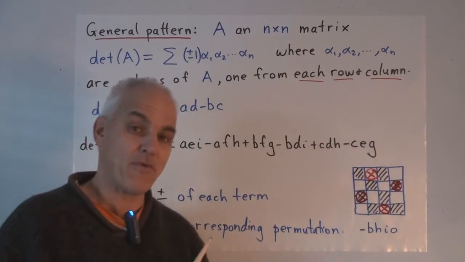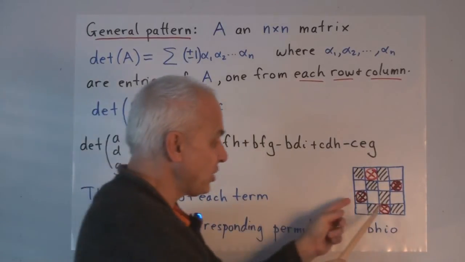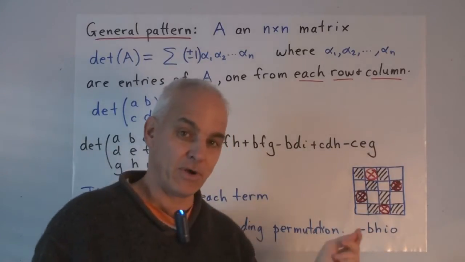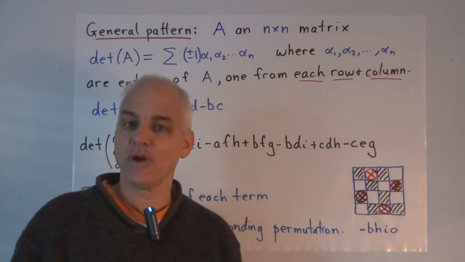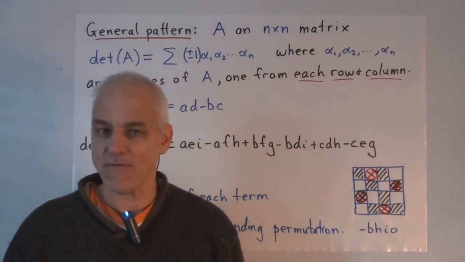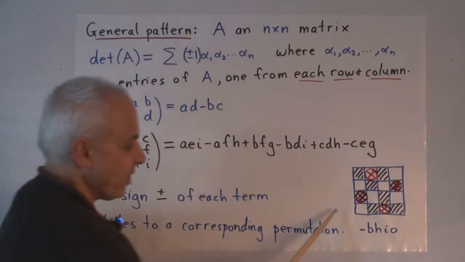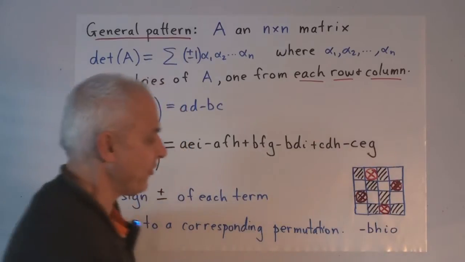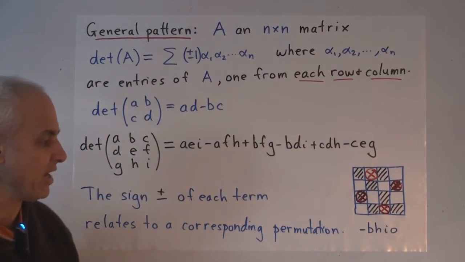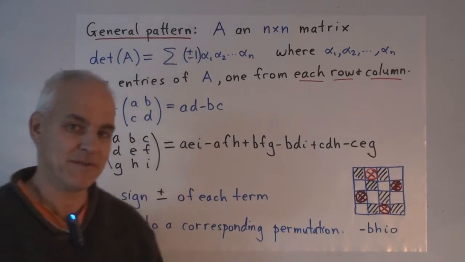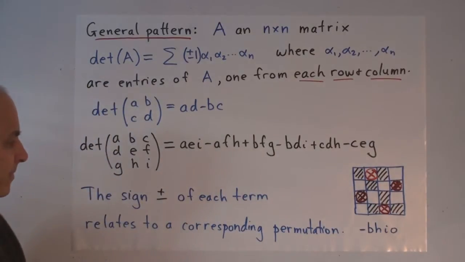And there are exactly 24 ways of doing that. And so each of those 24 ways of placing rooks down corresponds to one of the 24 terms in the 4 by 4 determinant. And in fact, this one here, if you check, corresponds to the term minus BHIO. That was in that big formula on the previous page.